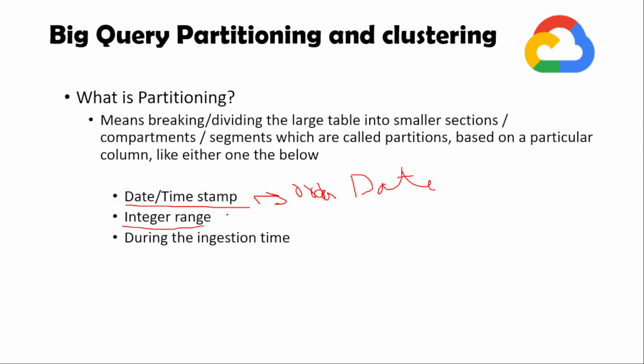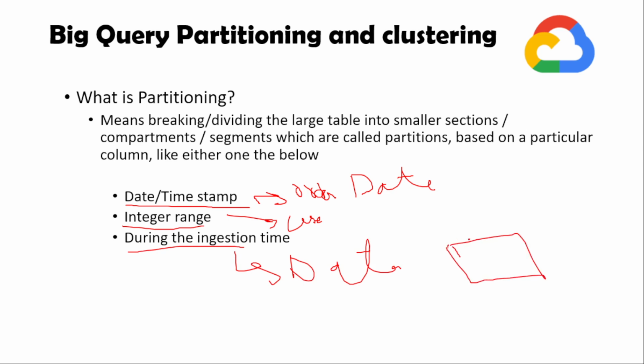Integer ranges are not that practical, but many people still use them, that's fine. And ingestion time is when your data is pumped into the BigQuery table, not the transaction date when the order was placed. Make sense? So that's all about partitioning.